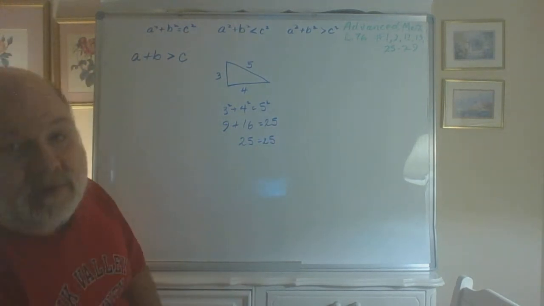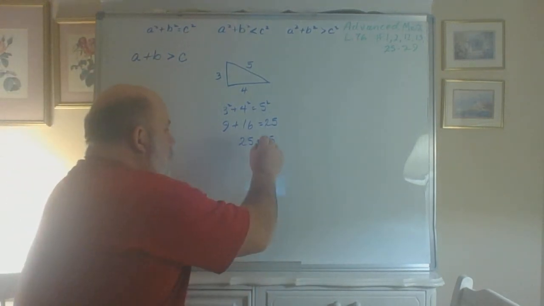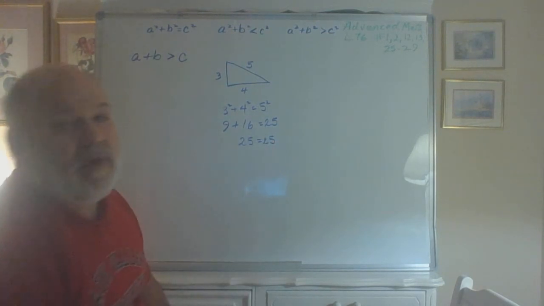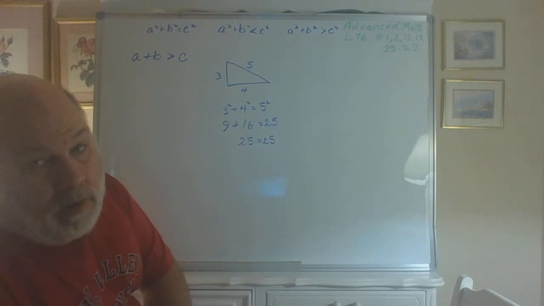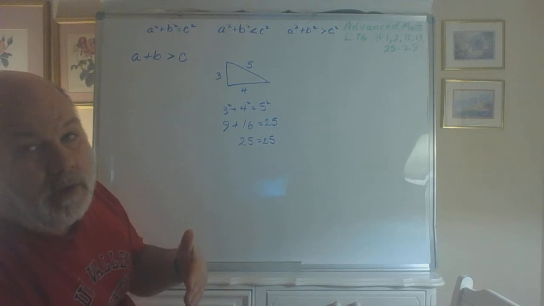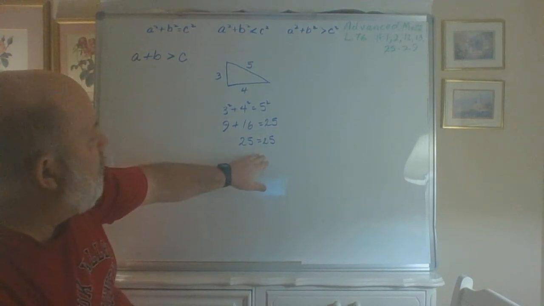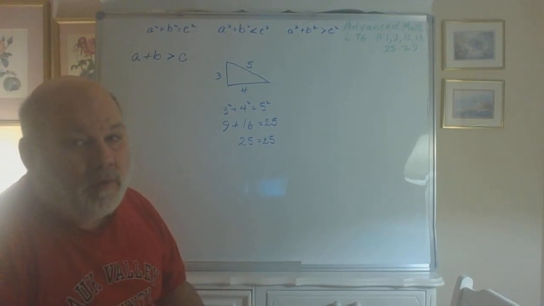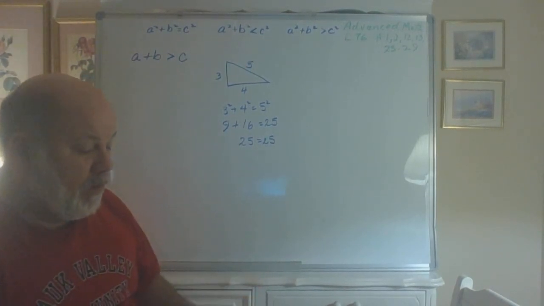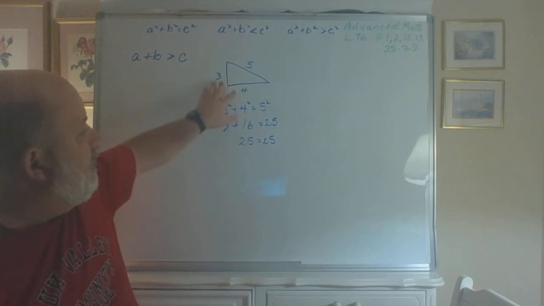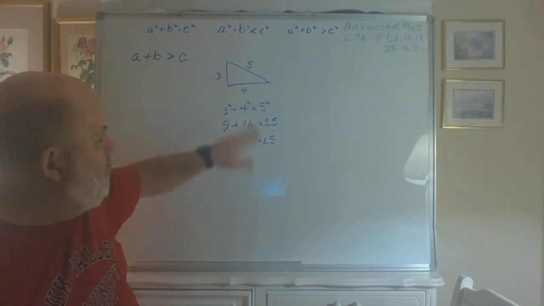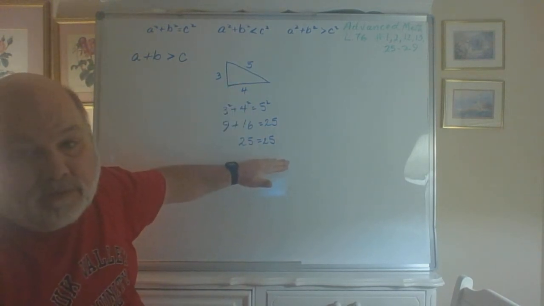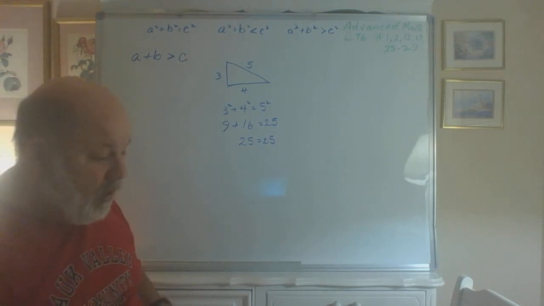If you get the same on both sides of the equation, you know you've got a right triangle. This lesson is focusing on whether you have a right, obtuse, or acute triangle when they give you the sides.